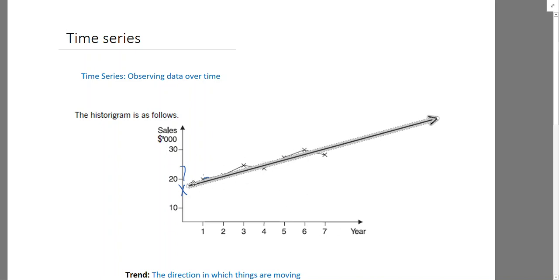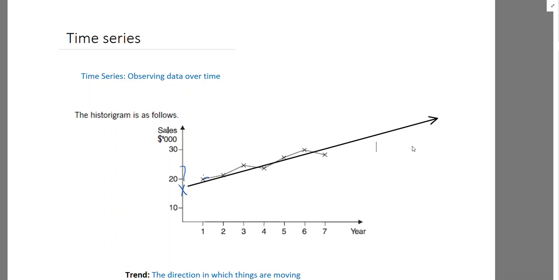We can draw a line, and then using that line, we would know where the data is going to be in the future. We are not 100% going to be right, but that is the thing about forecasting.